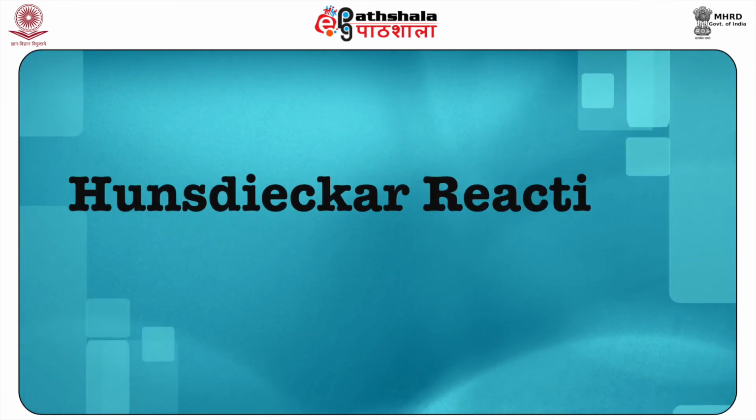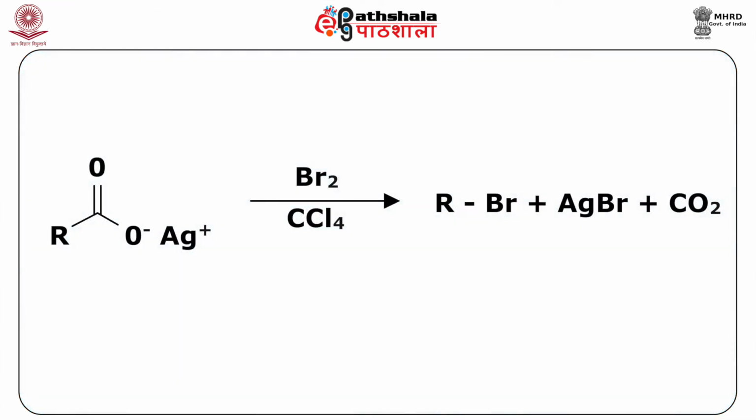Hunsdiecker reaction. The Hunsdiecker reaction is an example of a reaction involving free radical intermediates to yield the alkyl halide. Reaction of silver(I) salts of carboxylic acids with halogens gives unstable intermediates which readily form alkyl halides.